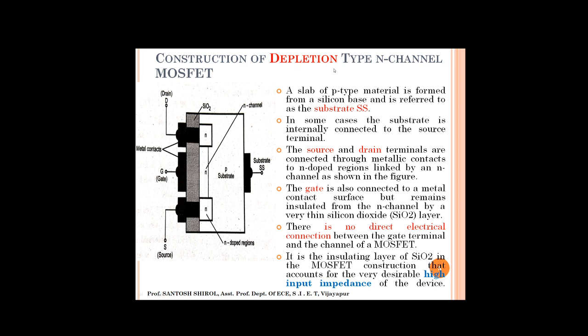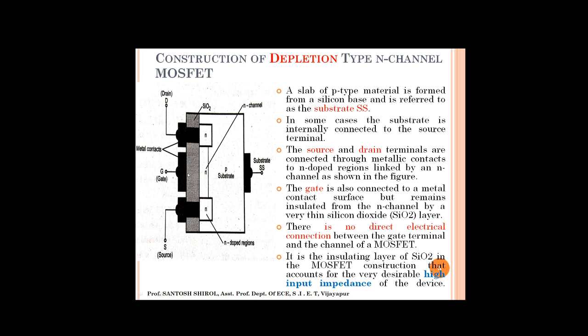You can see the dark metallic contacts over here. These are given in order to connect this MOSFET to the outside world, to the other circuit elements. Here the gate is also constructed, and this gate also has metallic contacts connected to the outside world. A very important layer is the shaded part, that is the SiO2 layer, the silicon dioxide layer. This silicon dioxide layer insulates the gate from the channel.